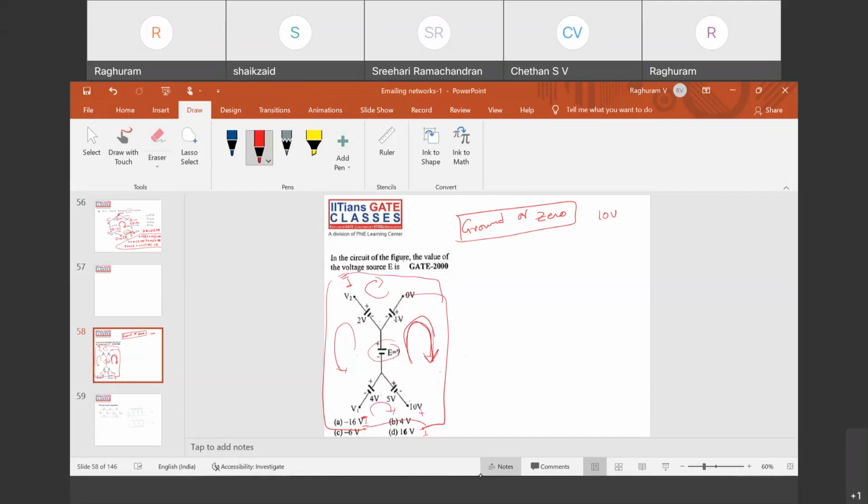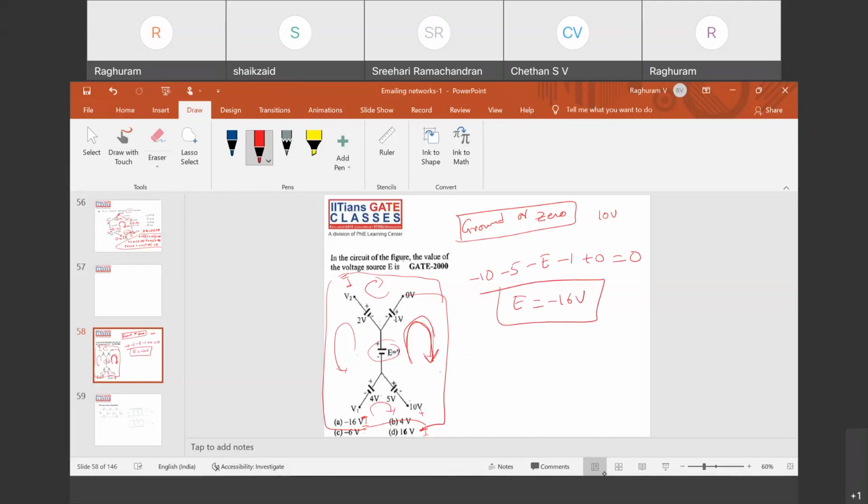So tell me, in this, what do you encounter? First is minus 10 volts, then minus 5 volts, then minus E, then minus 1 plus 0 is equal to 0. Understood? So E is equal to minus 16 volts.